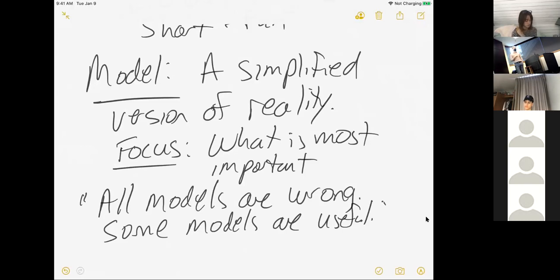It's a simplified version of the reality. There's a lot that's not in here, a lot. But we also don't want it to be too simple, right? It's got to be complex enough so that we can focus on important things, but we don't want it to be so complex that it doesn't help us understand what's going on. And so models are very, very important in economics.